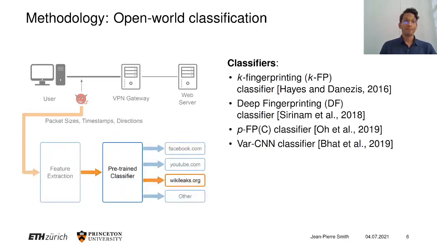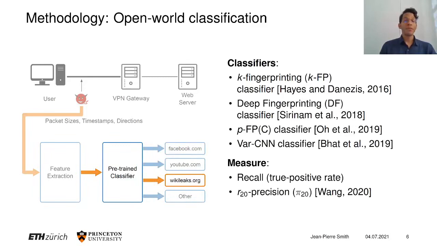For each of these classifiers, we measured recall, which is the fraction of the monitored samples which the adversary is able to detect, and precision, which is the fraction of those samples which the classifier claims to be monitored that are actually correctly labeled as monitored.